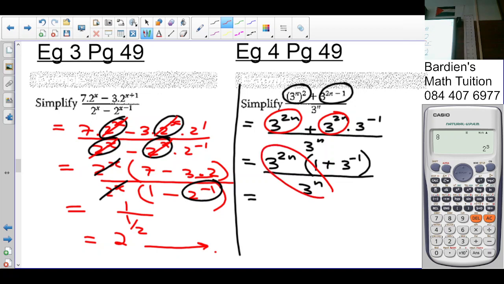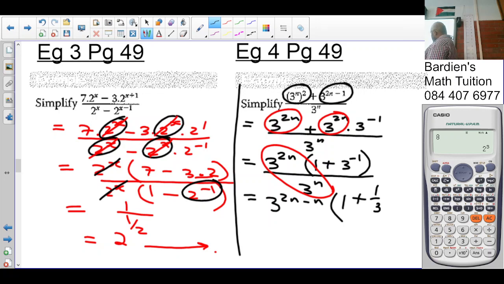What do you do to the exponents? Subtract. So in other words, this will be 3 to the 2n minus n, multiplied by the bracket. So you sort out inside the brackets. 3 to the negative 1 is what? So it's 1 plus 1 over 3. So this will simply be 2n minus n. What's 2n minus n? n.